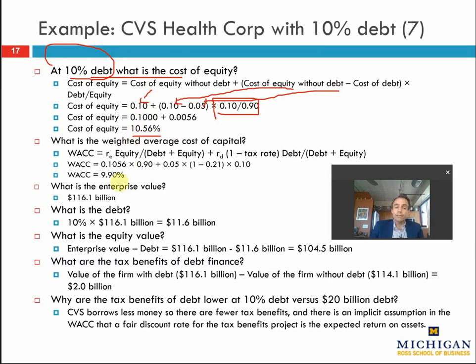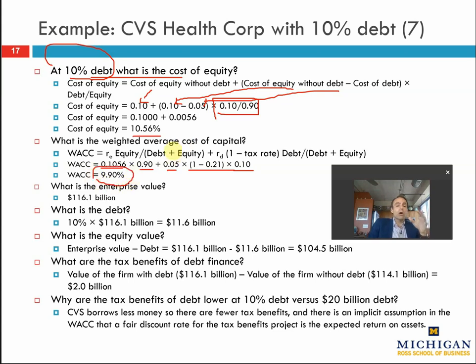What would be our weighted average cost of capital? 10.5% cost of equity times 90% equity to debt plus equity, plus 5% cost of debt times 1 minus the corporate tax rate times a 10% leverage, a weighted average cost of capital of 9.9%.